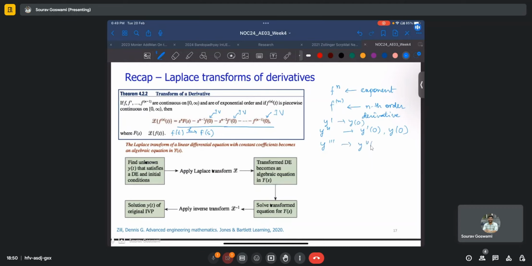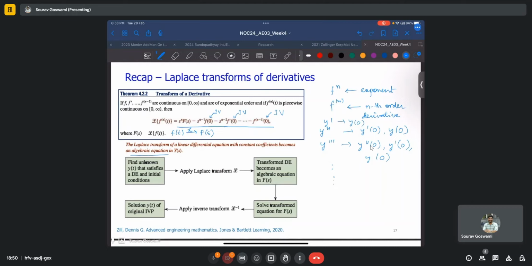For a third order, you'll typically have the second derivative evaluated at 0, the first derivative evaluated at 0, and the function itself evaluated at 0, and so on. How this is helpful is that we use the Laplace transform to transform the differential equation into an algebraic equation in Y of s. And we'll see how that is accomplished.